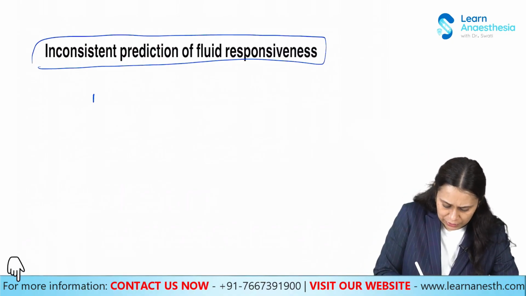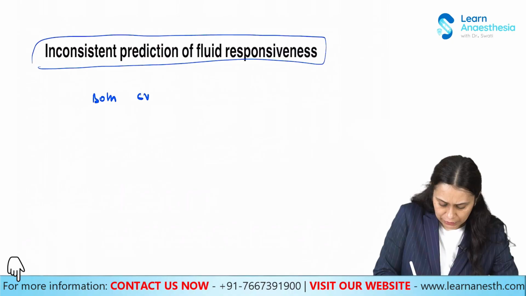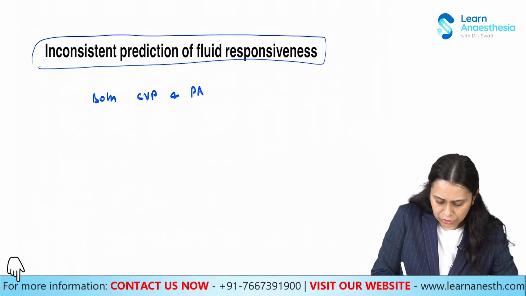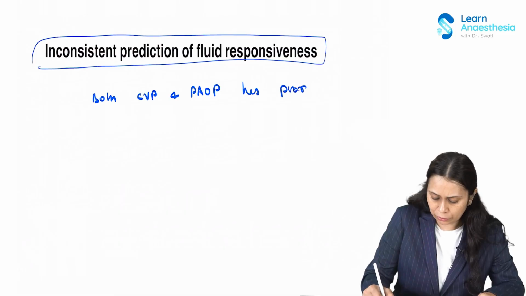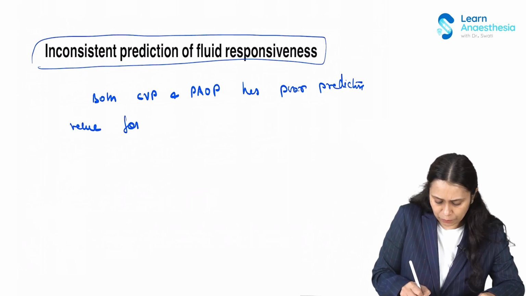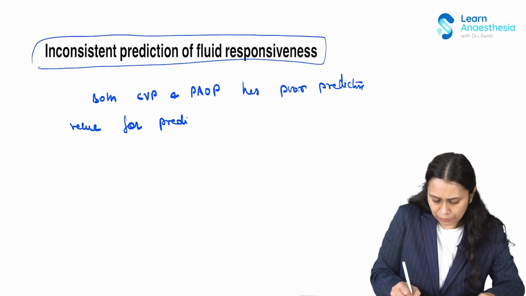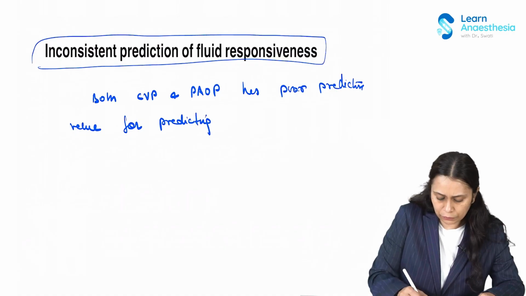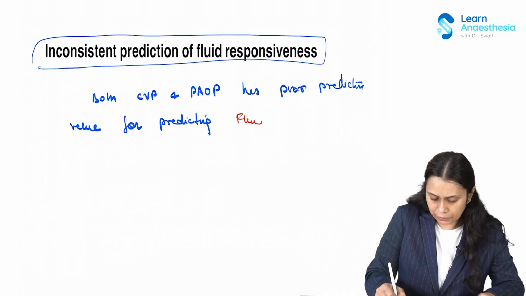So both CVP and pulmonary artery occlusion pressure have poor predictive value for predicting fluid responsiveness.